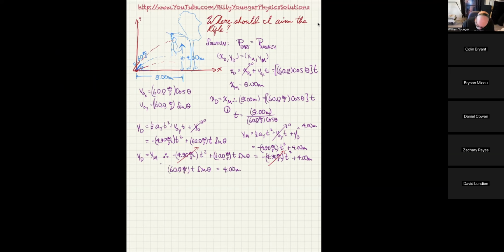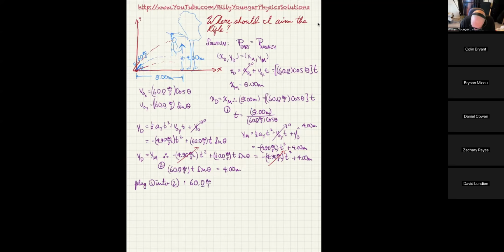I'm going to call this equation 2, and now I'm going to plug 1 into 2, because 1 is the time required given the velocity that the tranquilizer dart has. T from equation 1 is the time required for the dart to actually reach the vertical line that the monkey falls along. So I can plug that time in.